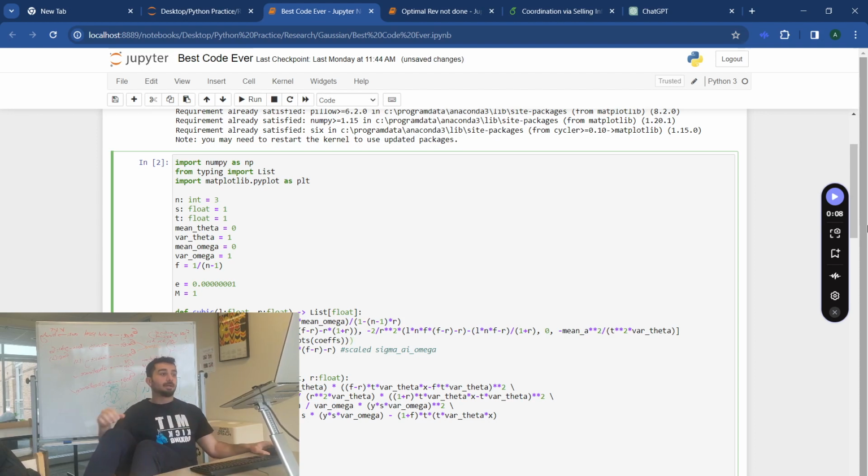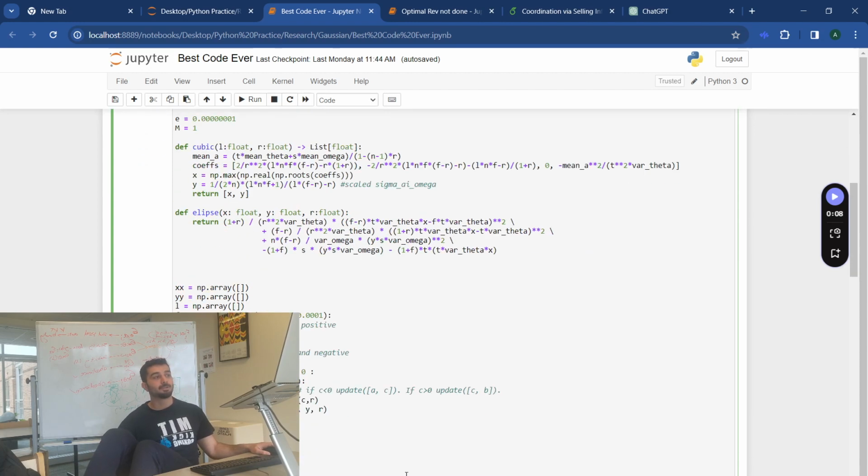Ellipse takes x and y r, and sees if you are inside the ellipse or outside the ellipse. Sounds good to me. And then x y, we checked it before, by the way, and L for lambda.